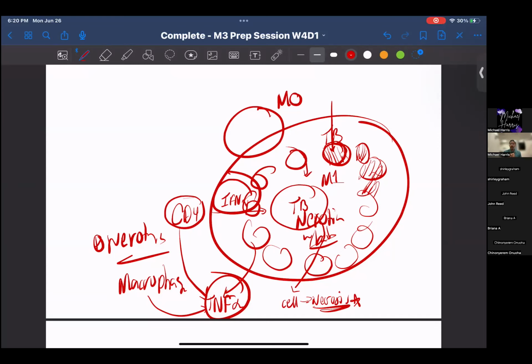But TNF alpha is the big player that's bringing in more macrophages. Okay, so TNF alpha ends up being the reason why you have this wall still intact.